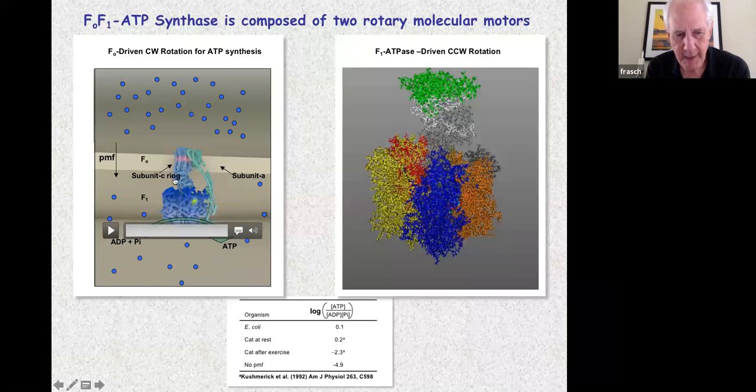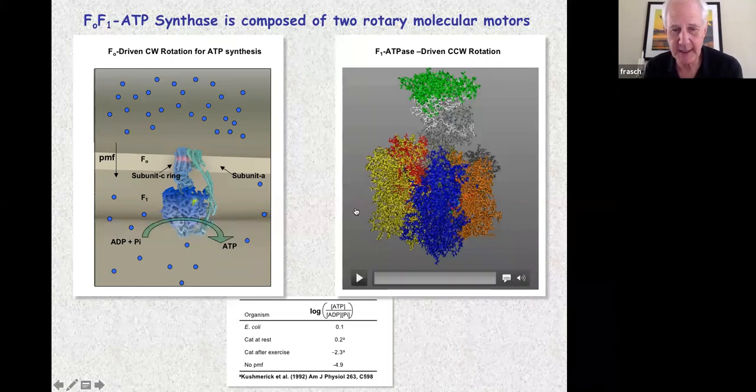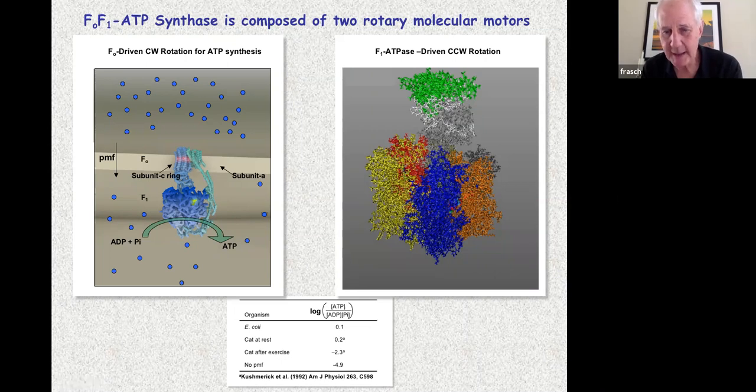Now, we can pop the F1 portion off of the membrane and away from FO, and we can study that separately. Under these circumstances, then when you add ATP, you can drive the reaction backwards. It hydrolyzes the ATP, and it'll drive rotation in the opposite direction.